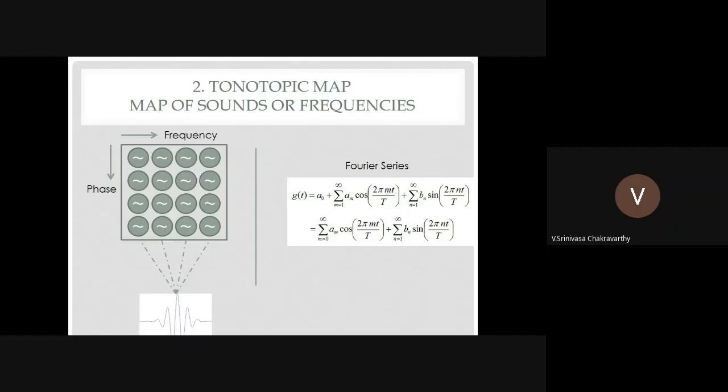One is the frequency, the harmonics of the fundamental, m omega t, where omega naught is taken to be 1 without loss of generality, or 1 by T is the frequency. And the other thing is phase.